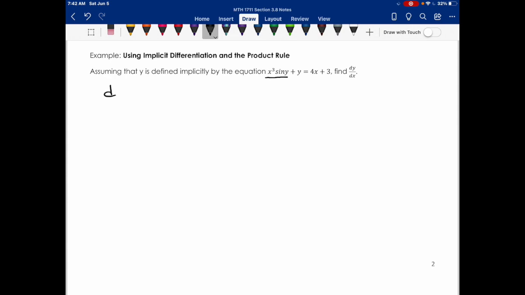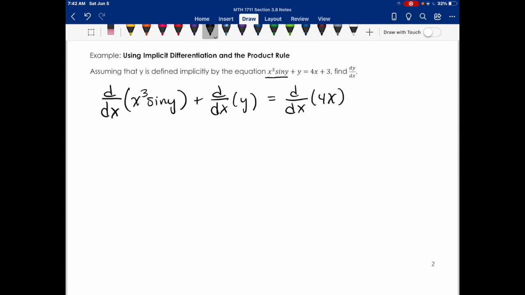So when we take the derivative with respect to x of both sides, I'm going to take the derivative of x to the third sine y plus the derivative with respect to x of y, and then the derivative with respect to x of 4x, and then the derivative with respect to x of 3.